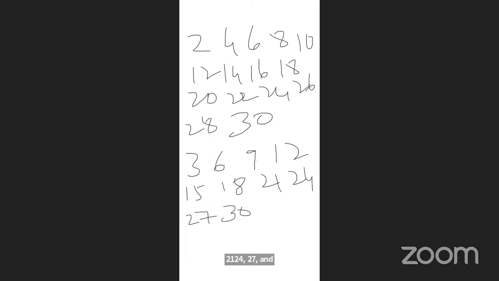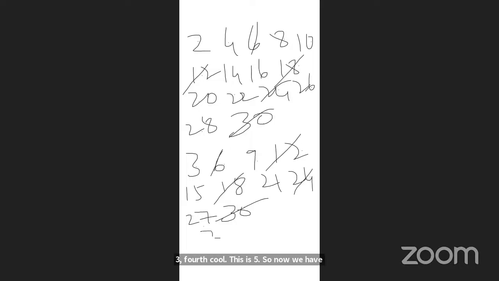Now, the common ones are 1, 2, 3, 4, and this is 5. Right? So now we have 15 by 30 plus 10 by 30 minus 5 by 30.